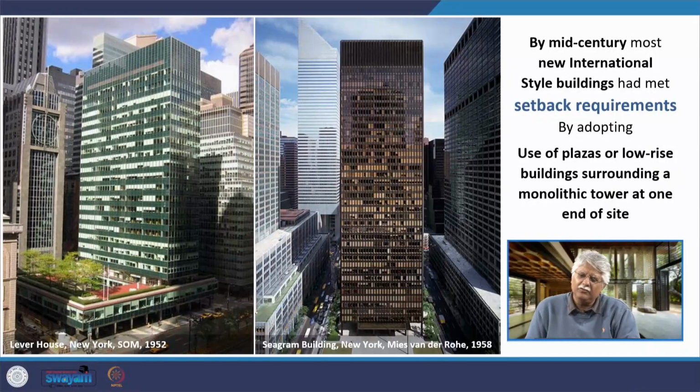By mid-century, most new international style buildings had met the setback requirements by adopting the use of plazas and low-rise buildings surrounding a slab block at one end of the site.